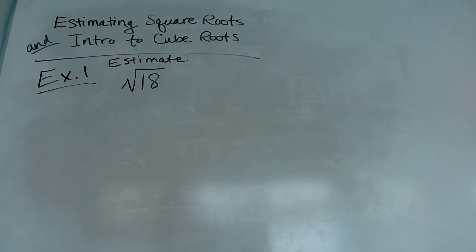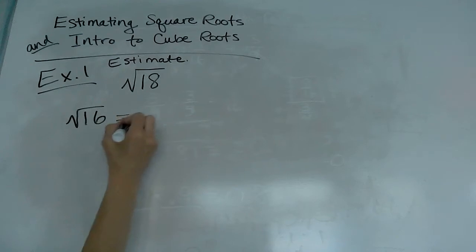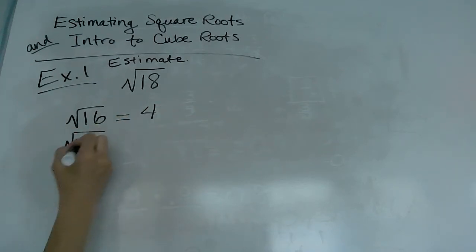what we can do is recognize what perfect squares are close to 18. The closest perfect square that is less than 18 is 16, and the square root of 16 would give us 4. The square root of 18 would fall somewhere after 4.